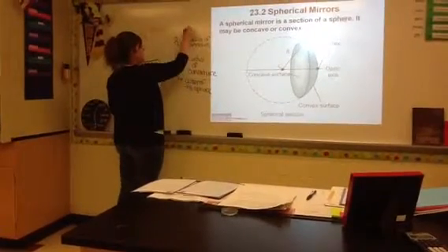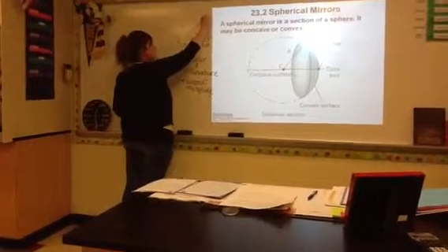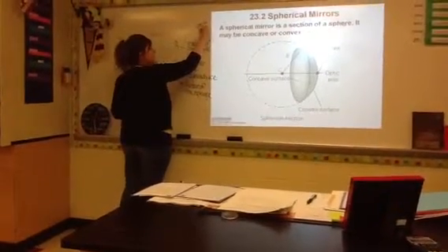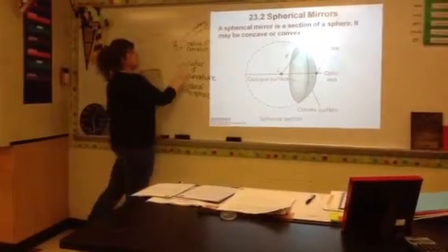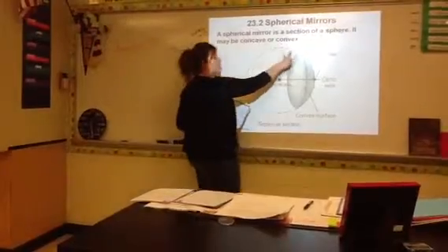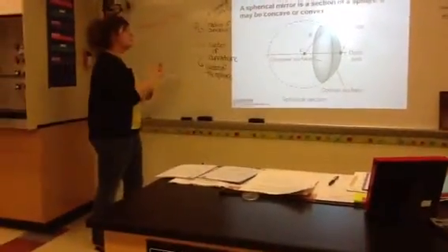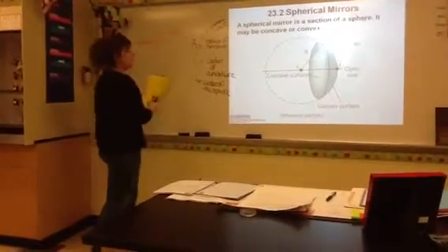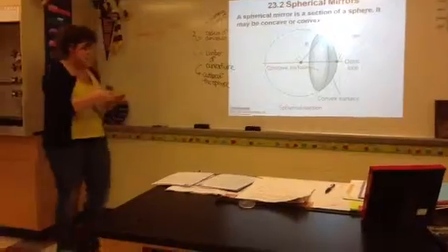And this is just the distance from the center of curvature, which we'll call C, to any point that's on this sphere at all. So R just stands for radius of curvature, and we're going to talk a little bit more in depth about that in just a few more slides.